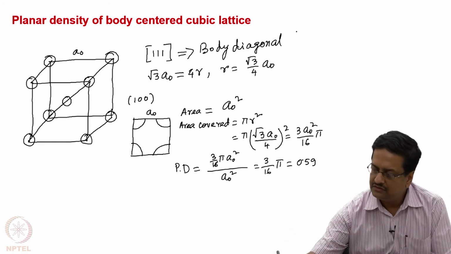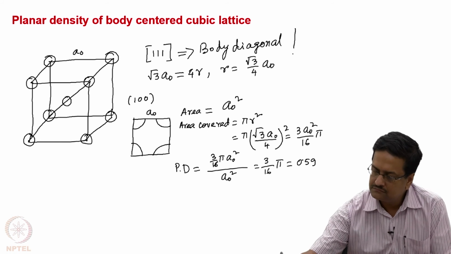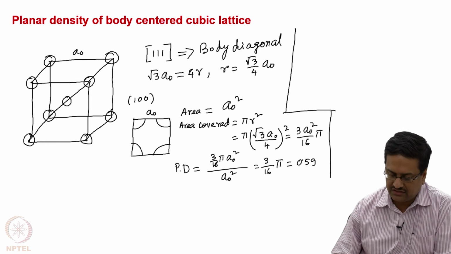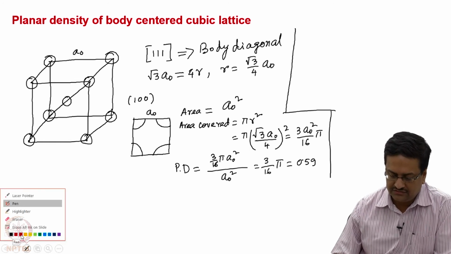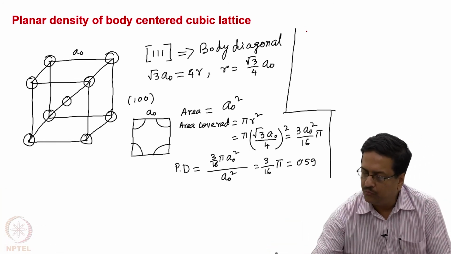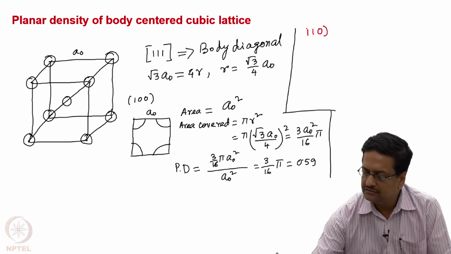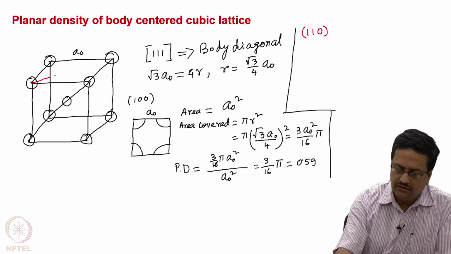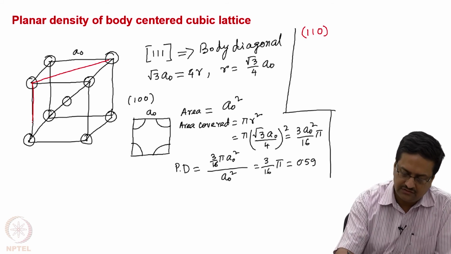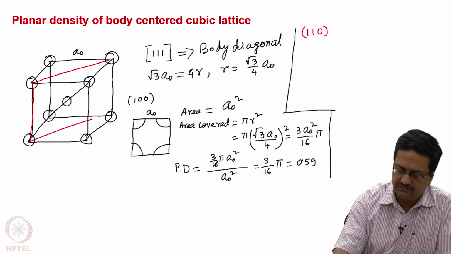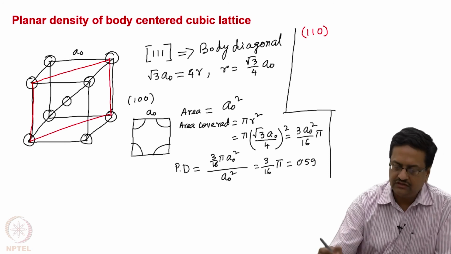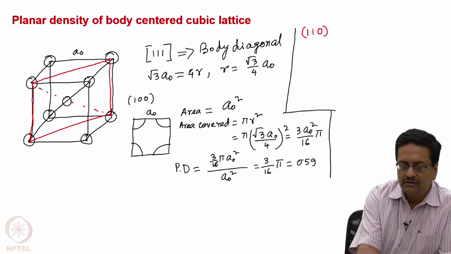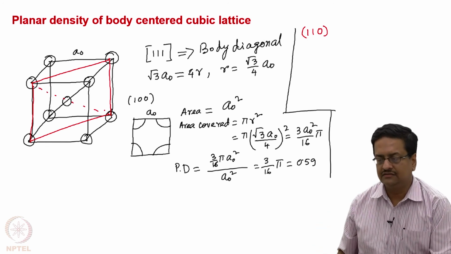Now if we do it for the other plane, which I told is the 110 plane, the plane which I am drawing in red. In this plane, we have a body diagonal connecting the other corners.